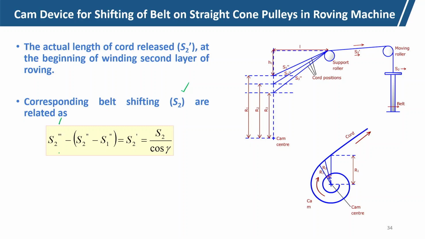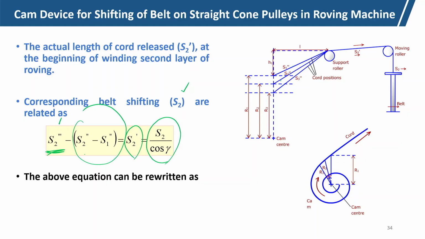S2, that is the peripheral distance, minus S2 dash by S1 double dash, S2 dash minus S1 double dash equal to S2 dash. So, this is the peripheral distance released. So, it will be nothing but S2 by cos gamma. Gamma is this angle of inclination.